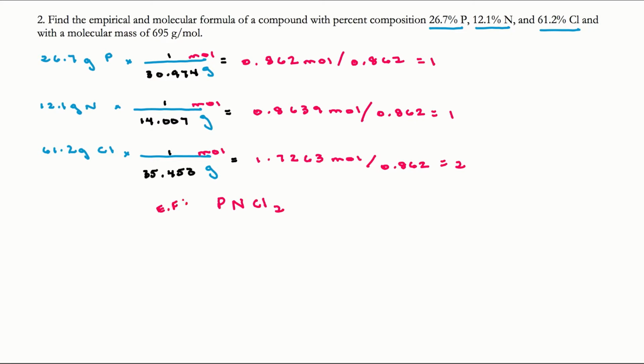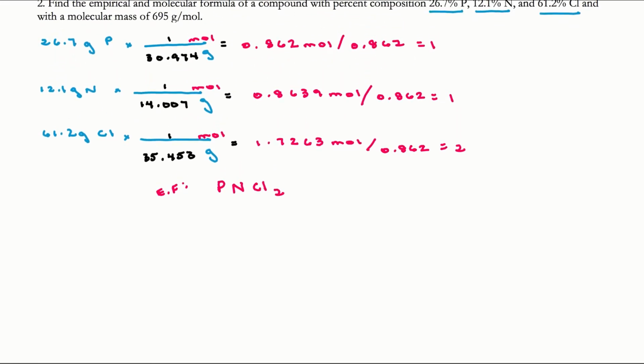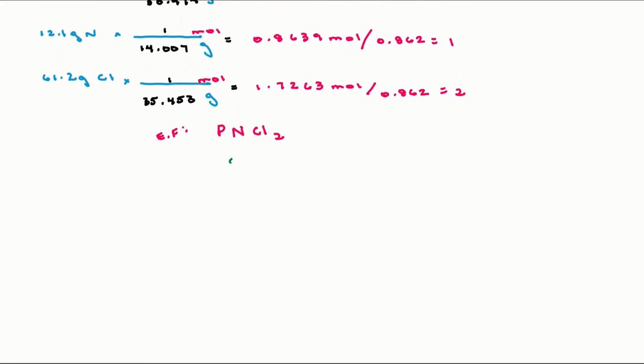Now, your empirical formula is the simplest whole number ratio, but that is not necessarily how that compound exists in the real world. In order to determine how that compound exists in the real world, what I now need to do is take the molar mass of the molecular formula, which is 695, and divide it by the molar mass of my empirical formula, which is 1 phosphorus, so 30.974, plus the molar mass of nitrogen, 14.007, plus the molar mass of chlorine, 35.453 times 2, and I get 115.887.